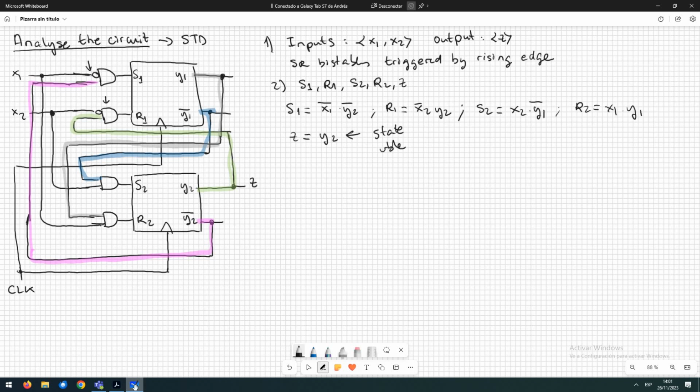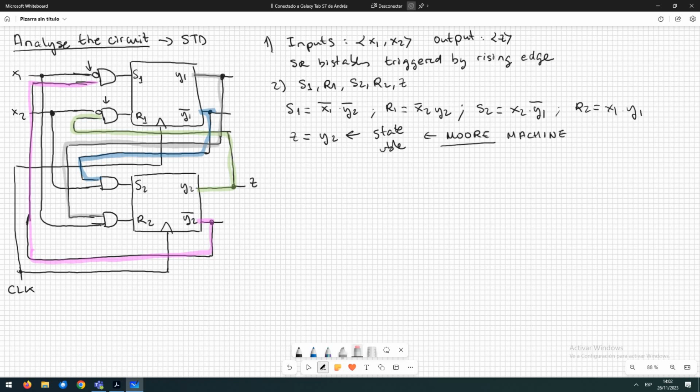We have to know this because the tables have slightly different versions depending on the machine we have. So we have identified here a Moore machine just because of how the output is. If the output were, for example, this, it could be a Mealy machine because we have the input there, but that's not the case.